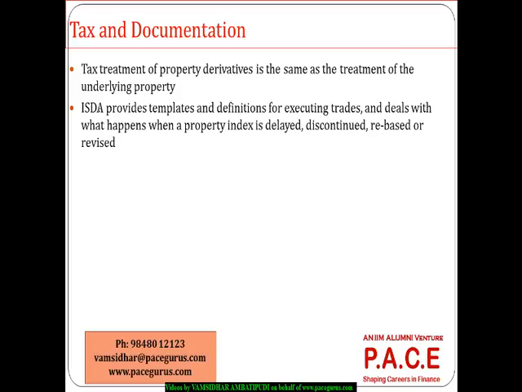And coming to the tax, exactly like the underlying property, the tax treatment for property derivatives also exists. And typically, because it's a bilateral contract, the ISDA provides the templates and definitions for executing the trades.